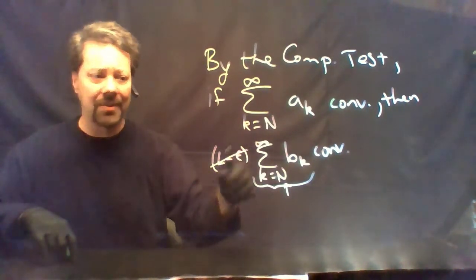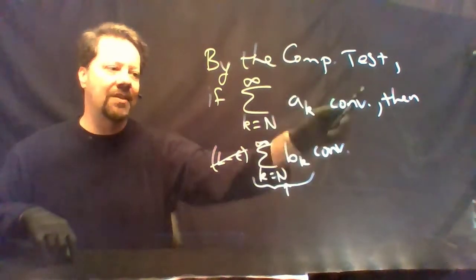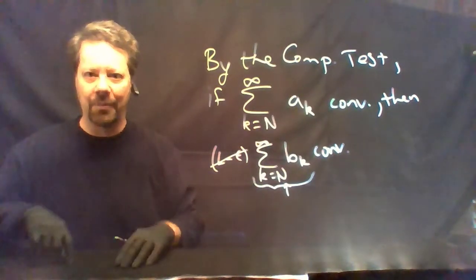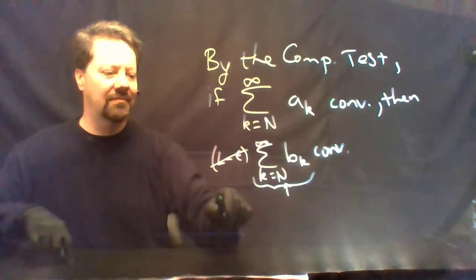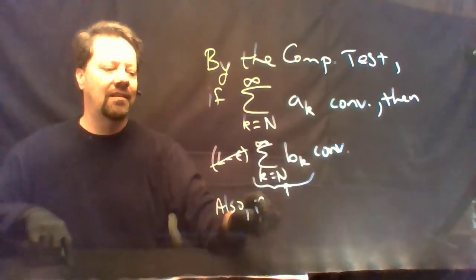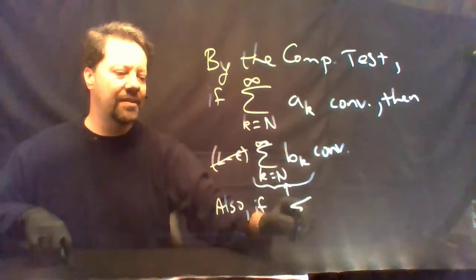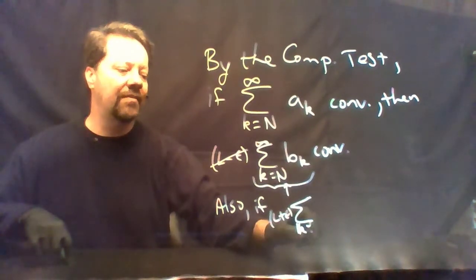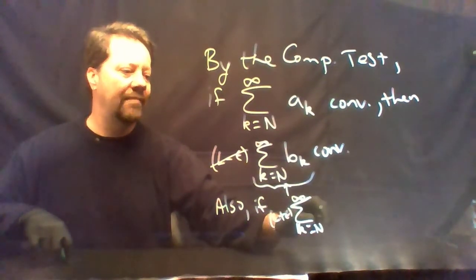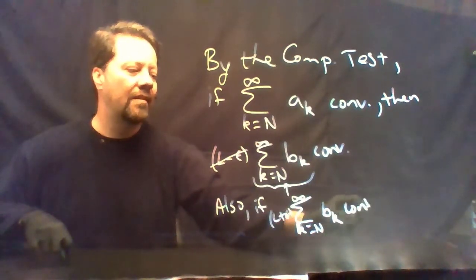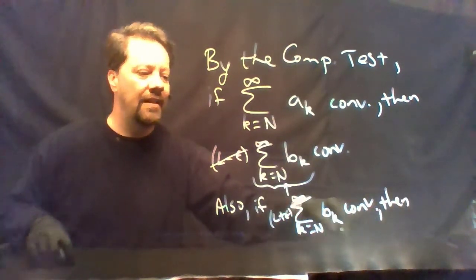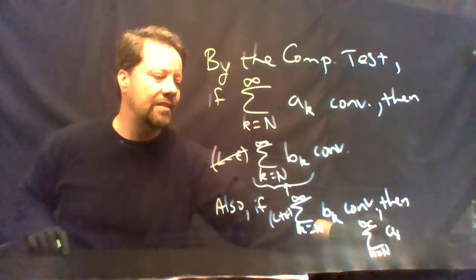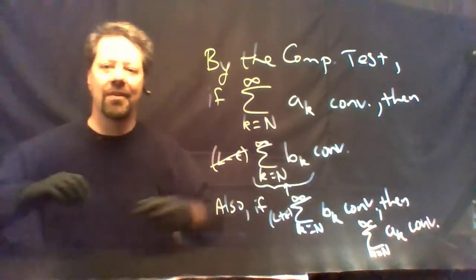The inequality only holds in the tail, so the direct comparison test only applies in the tail, but if you get convergence in the tail, then the rest of it will converge too. Also, if the larger series, L plus epsilon times the sum as k goes from n to infinity of b sub k, converges, then the smaller series, the sum k goes from n to infinity of a sub k, also converges.